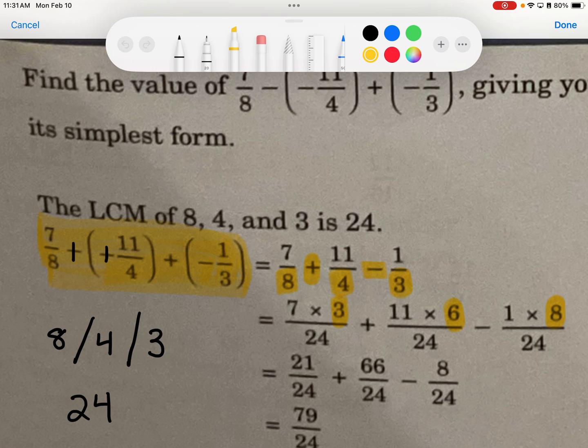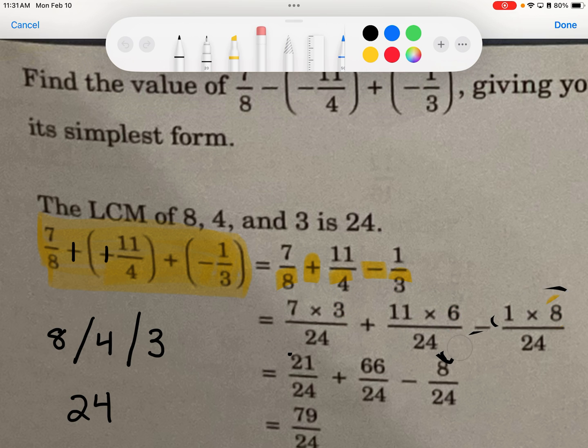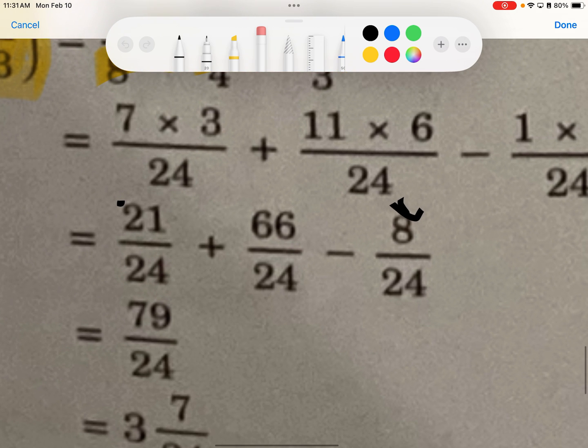So next we're going to do 7 times 3 is 21 over 24. 11 times 6 is 66 over 24. And 1 times 8 is 8 over 24. So that's how we get to this line over here.